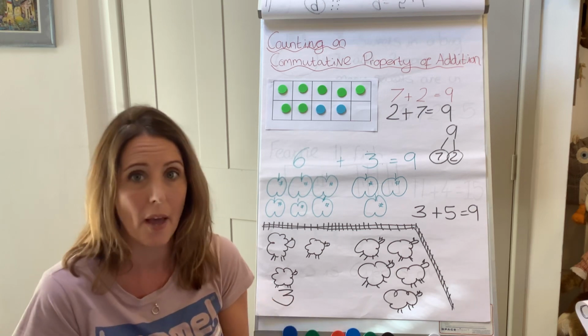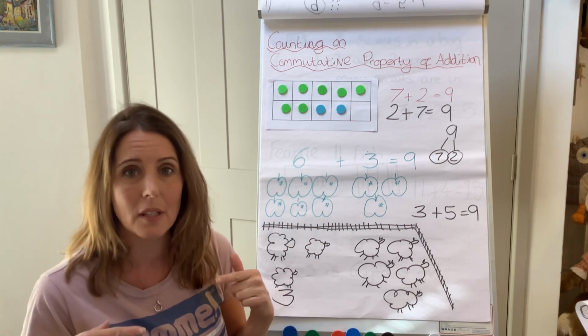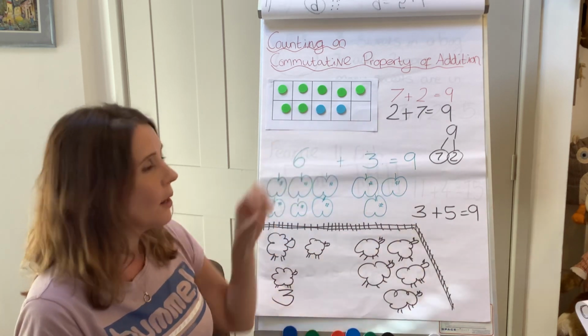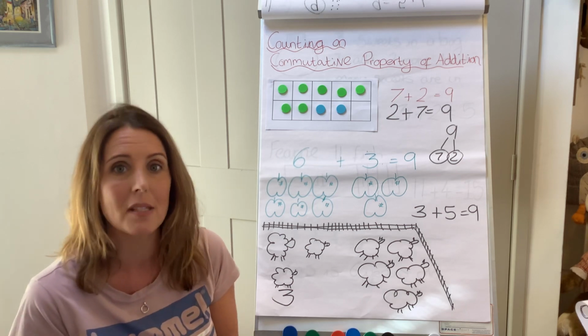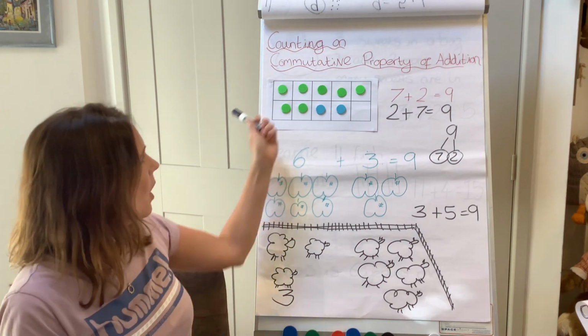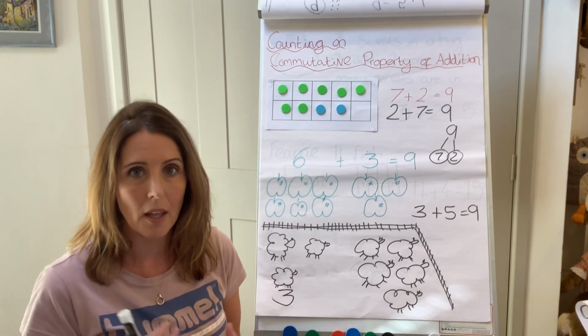So it's quicker and it's less work for the brain, because the brain's having to do the work in there. And it also means there's less room for errors, because we're counting on less numbers, so we're less likely to make a mistake. So if you can, always start with the bigger number to count on, and that will really help you.